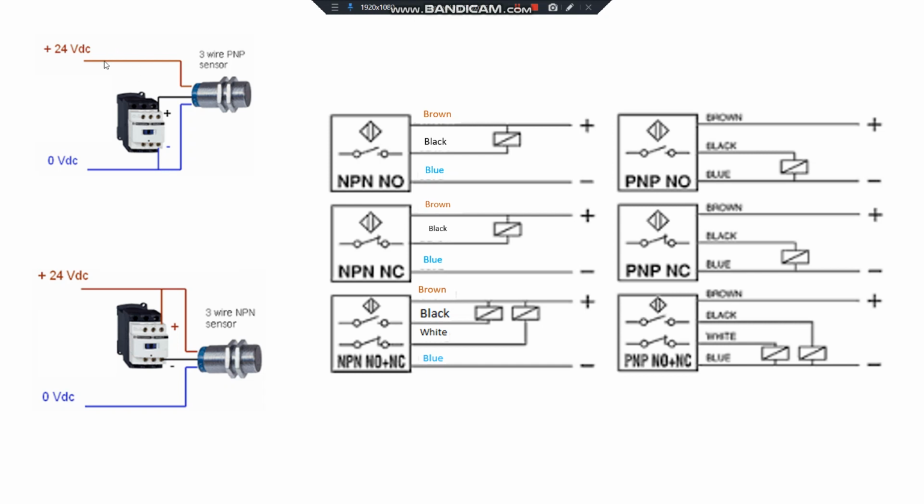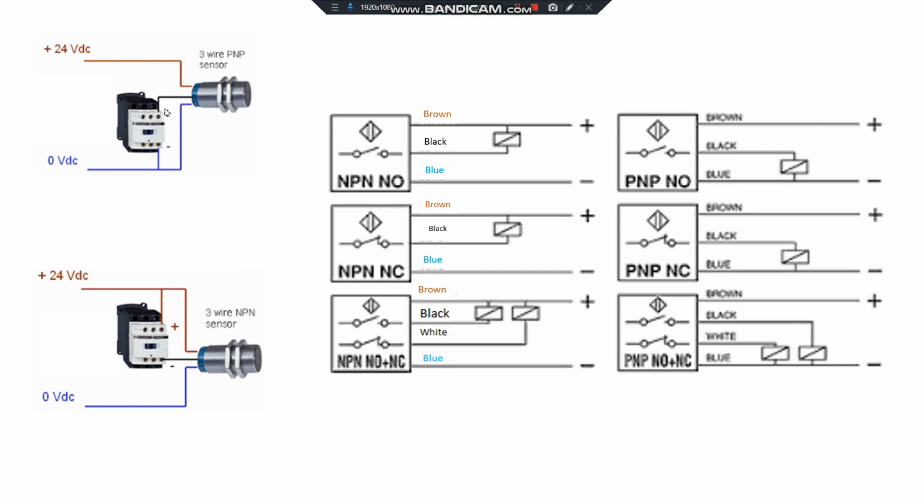Brown cable is for plus 24 DC, and blue cable is for 0 volt DC. The blue and brown cables are for the power supply of the sensor, and they are stable.